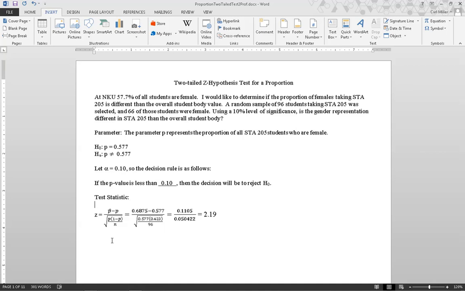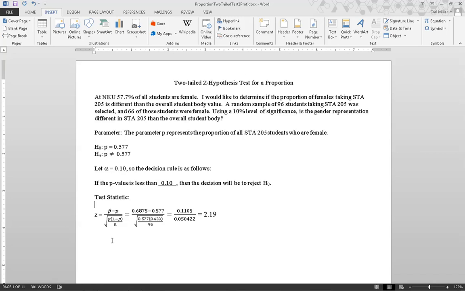66 divided by 96 is the decimal value 0.6875, minus the 0.577 from H sub 0. The denominator is the square root of 0.577 times 1 minus that value, or 0.423, divided by the sample size of 96.